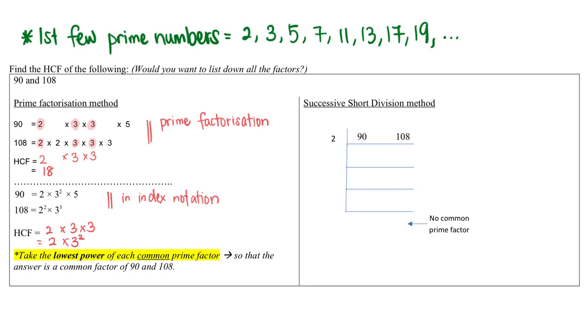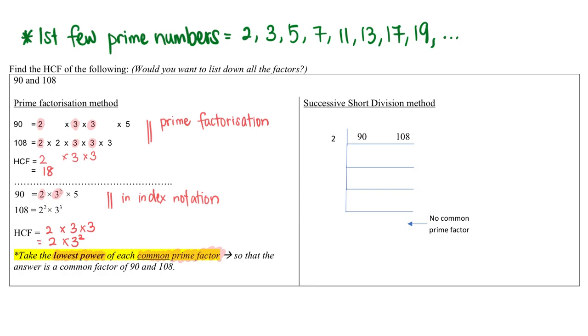As I compare the numbers, I realized that we actually take the lowest power for each common prime factor. This is such that it is really a common factor of 90 and 108, as seen previously on top. So this is something for you all to remember, that there is this pattern, okay?